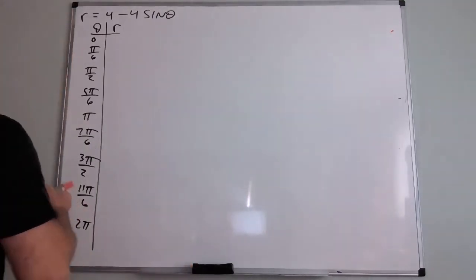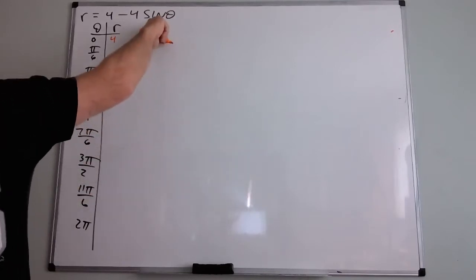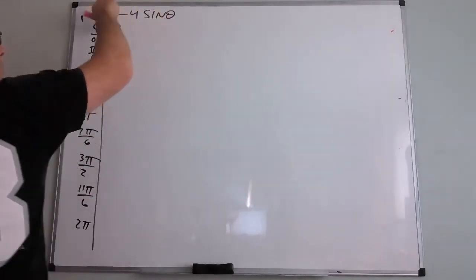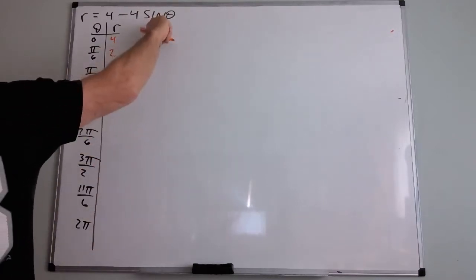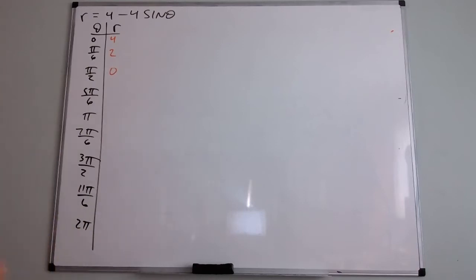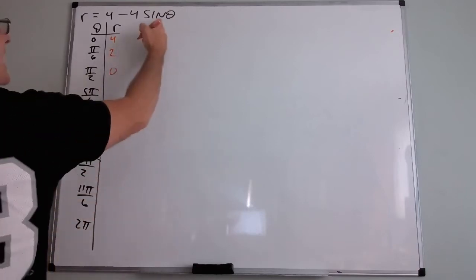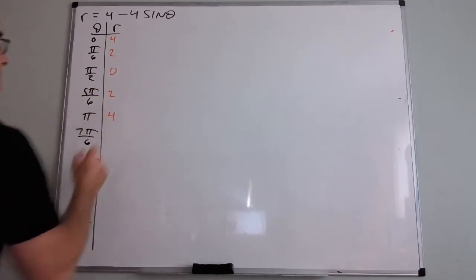All right. So sine of 0 is 0, so this would be 4. Sine of pi over 6 is a half, so now I have 4 minus 4 times a half, that'd be 2. Sine of pi over 2 is 1, so we're 4 minus 4, or 0. 5 pi over 6, the sine of 5 pi over 6 is a half, so now we're back to 2. The sine of pi is 0, so we're back to 4.